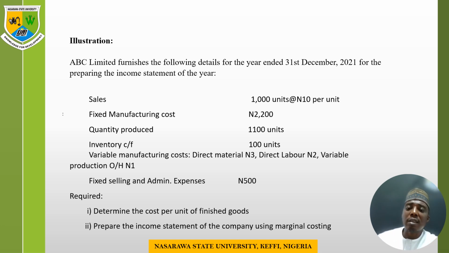The sales for the year was 1,000 units at the price of 10 naira per unit. They will incur a fixed manufacturing cost of 2,200 to produce. The expected quantity produced for the company is 1,100 units. The inventory carried forward, which is the inventory left to be sold, is 100 units.